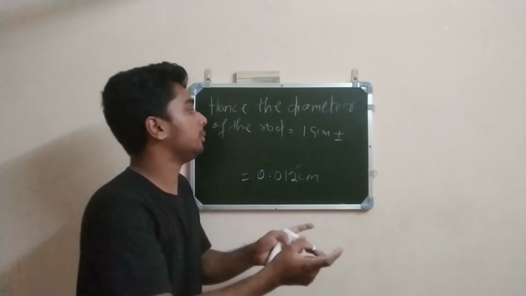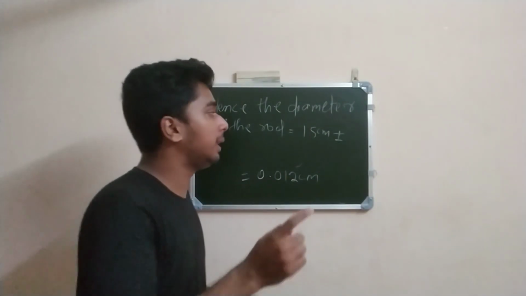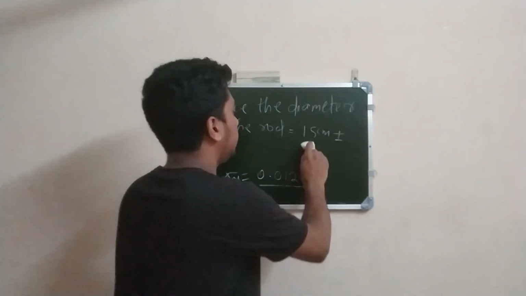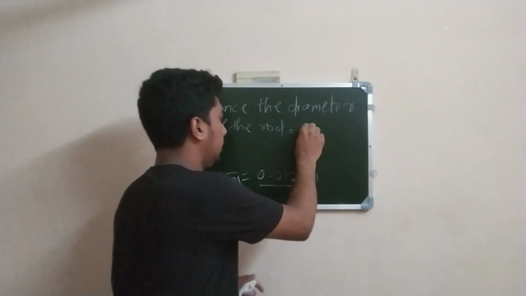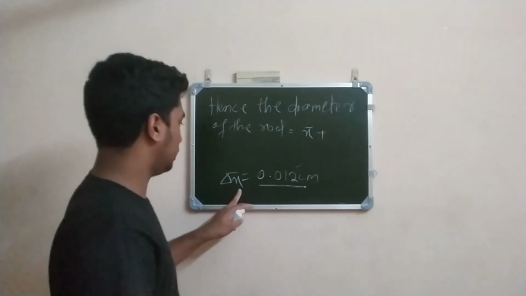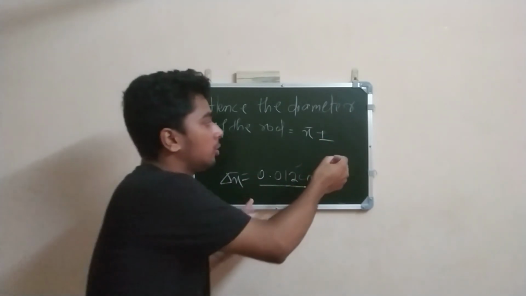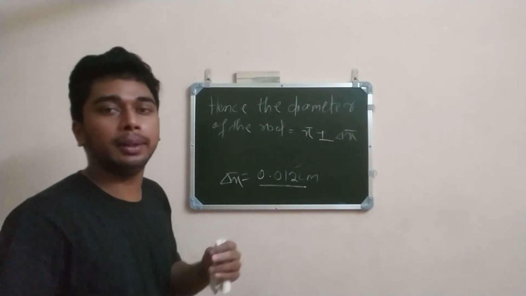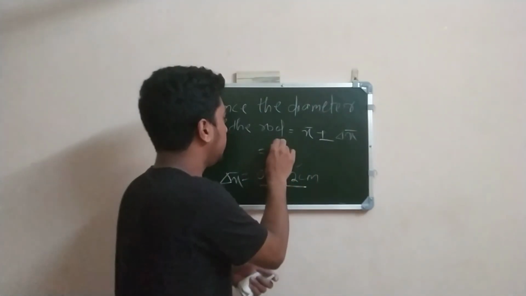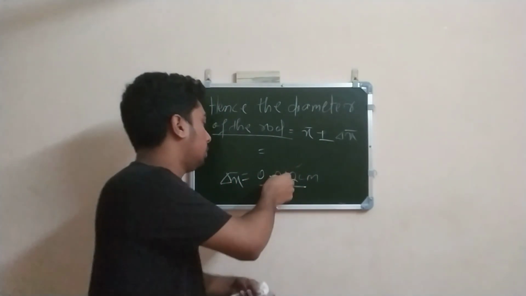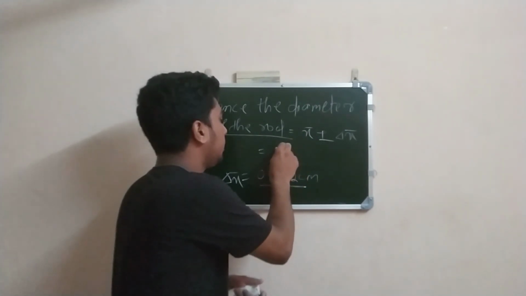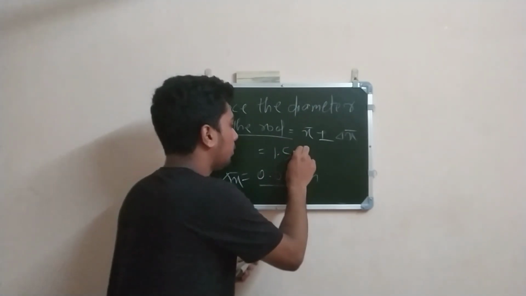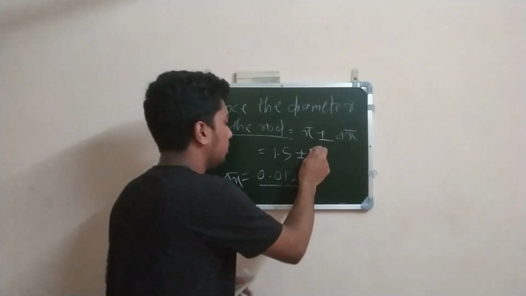So the result is x bar plus or minus del x bar. This is how I write my answer. The diameter of the rod will be 1.5 plus or minus 0.012.